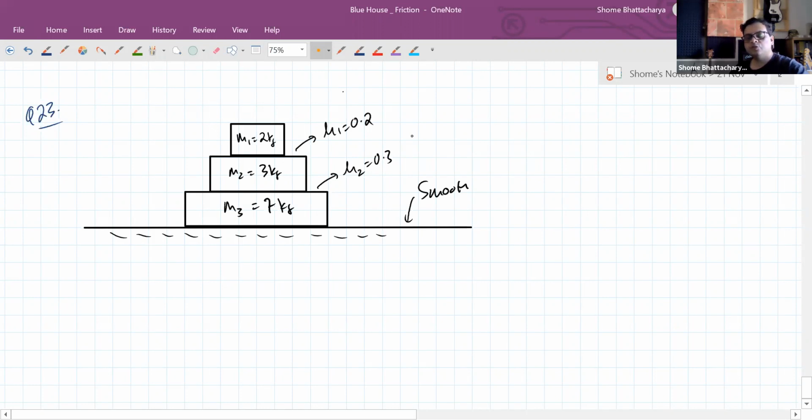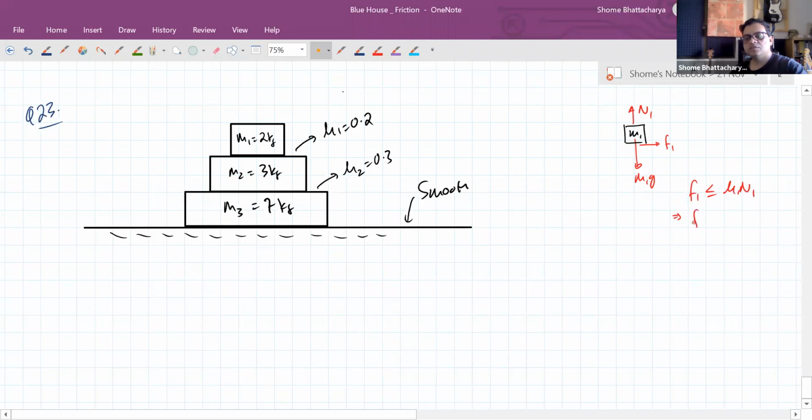One thing you can do before starting the question is understand the limiting frictions. If you see M1's free body diagram, the normal reaction here is like this. Any friction that acts on this surface is less than or equal to mu1 N1.